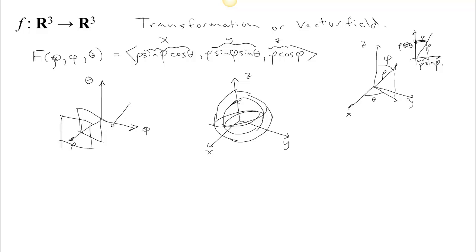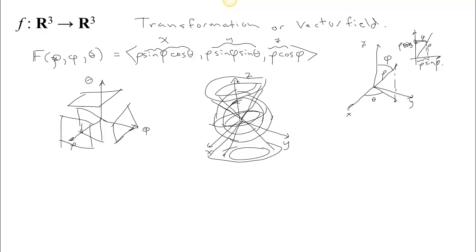Planes of constant phi, if you lock down phi, then those are turning into cones. So those planes are becoming cones over here in x, y, z space. If you change the value of phi, then the cone can tip out further. That's kind of interesting. And planes of constant theta then become planes through the origin. There's no lock on phi or on rho.